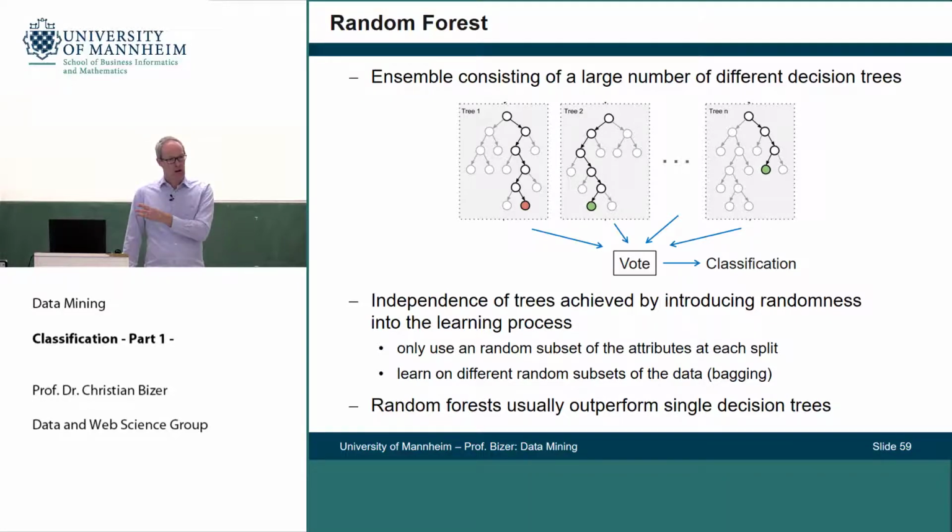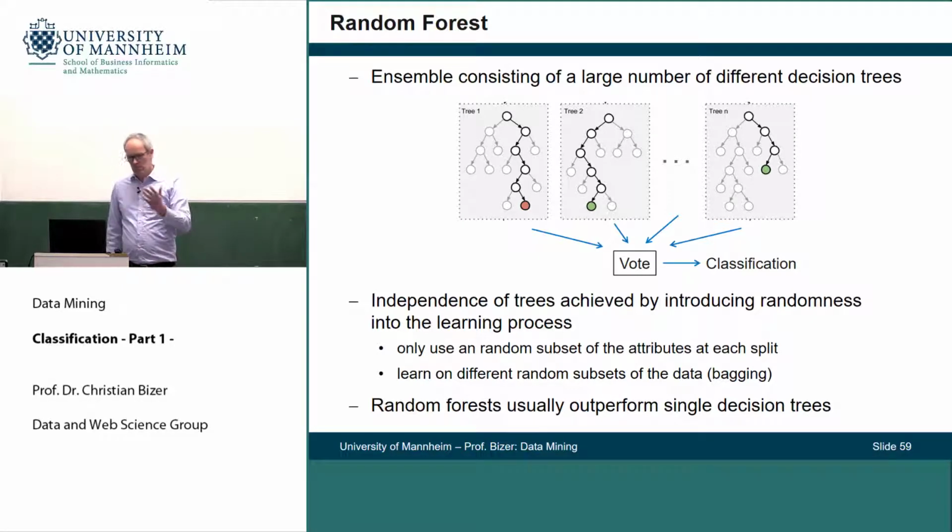Maybe we can also weight their votes by the confidence, how sure they are about their classifications, and then we end up at some final classification. And interestingly, empirically, these classifications usually generalize better than using single trees.